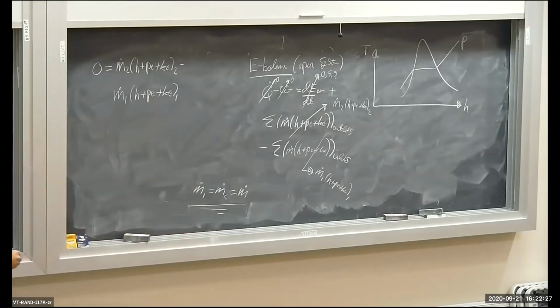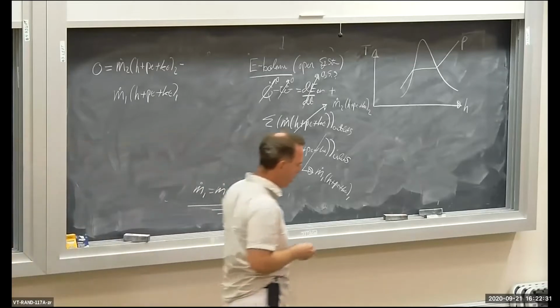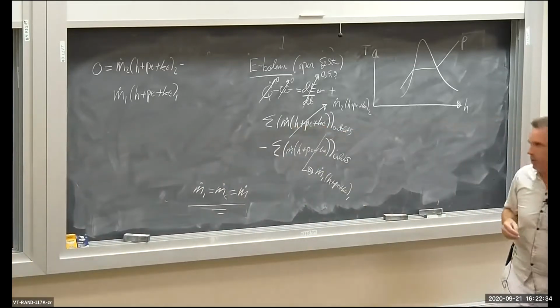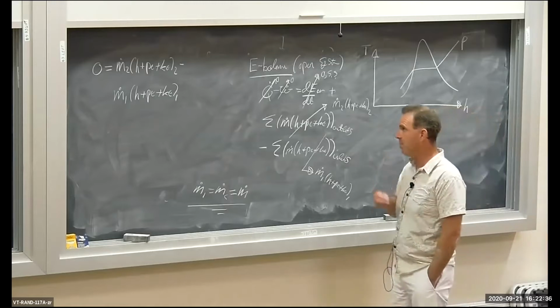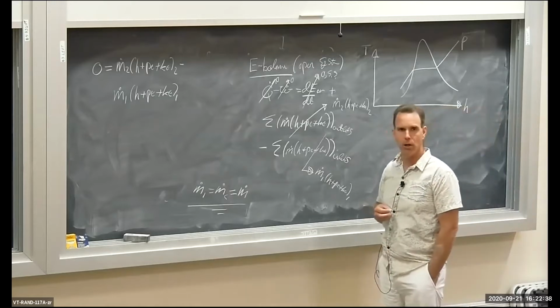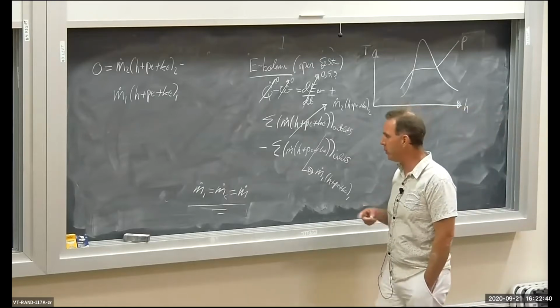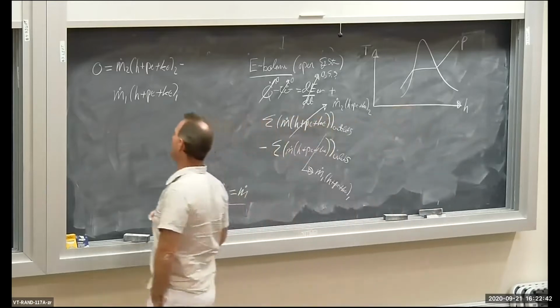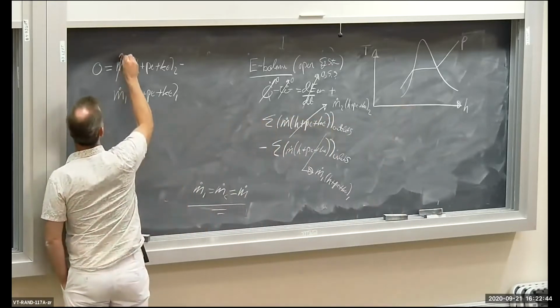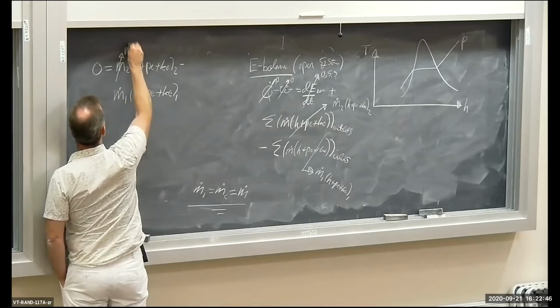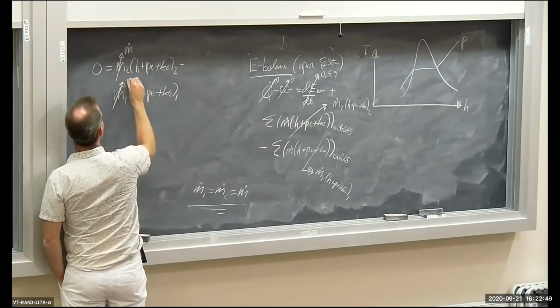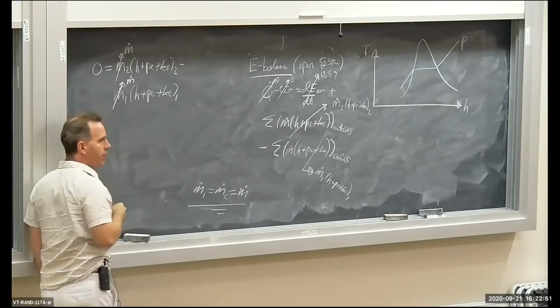Okay? Whittled away a lot of the energy balance here. A lot of the terms are gone. Let's see if we can get rid of something else. Mass flows. See if we can deal with these. Remember, m dot 1 is equal to m dot 2. So this is just m dot. They're the same. The inlet flow is equal to the outlet flow.